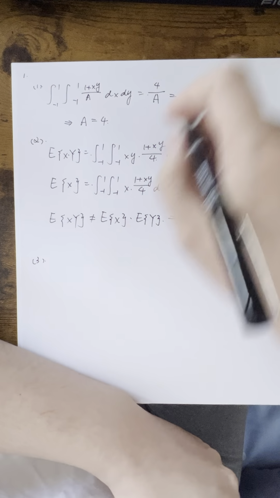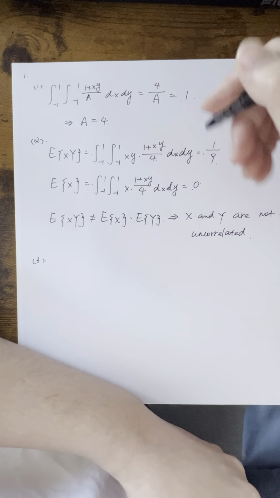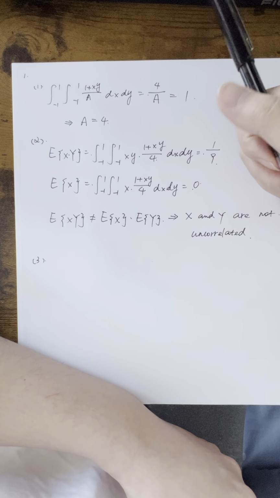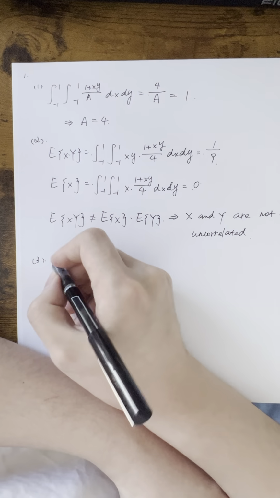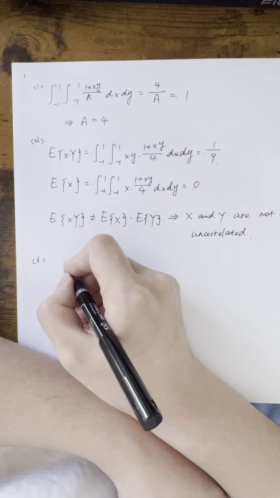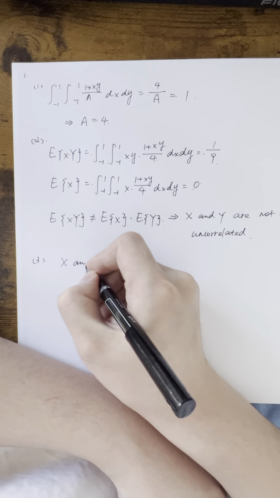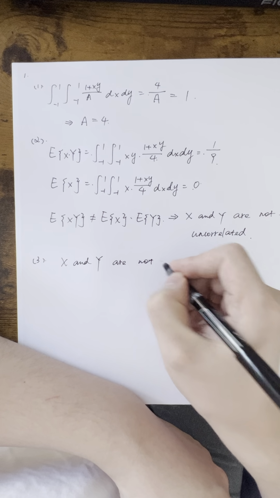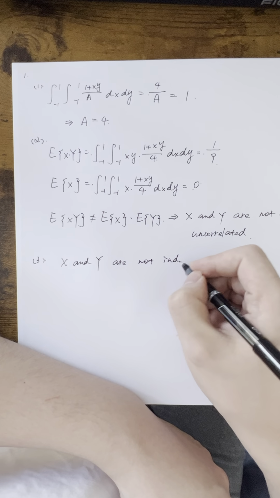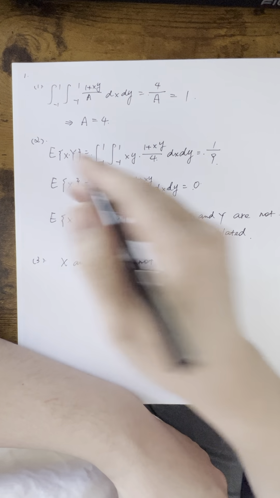And for the third question, since they are not uncorrelated and they are jointly normal, they are not independent too. We could get this from question 2, right?